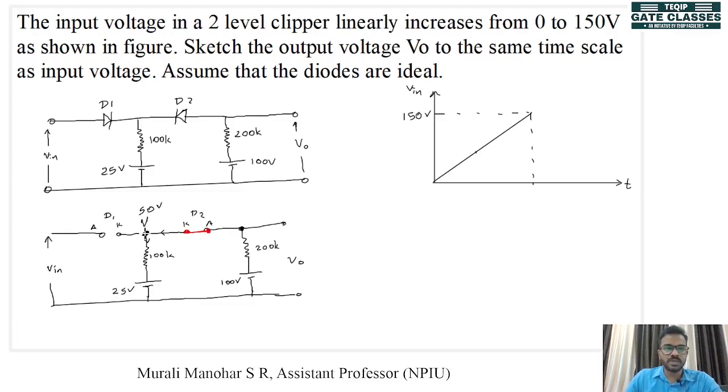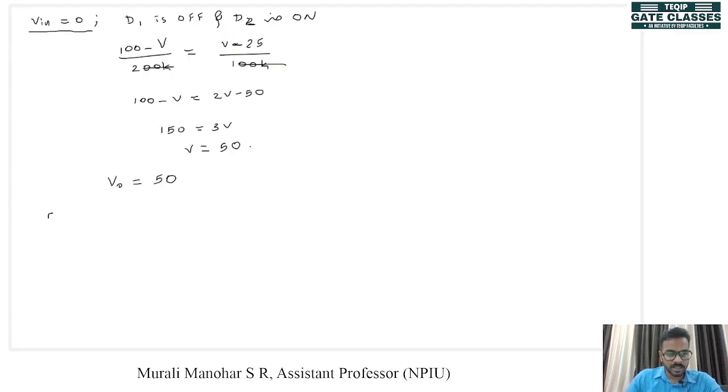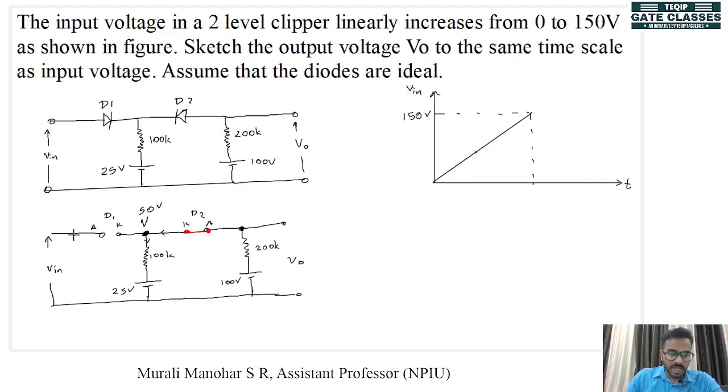We need to include that also in our condition, that is 50 ≤ Vin ≤ 100. For this condition, both D1 and D2 are on. When input voltage is above 100, this voltage at this point becomes above 100 and diode D2 will be turned off.